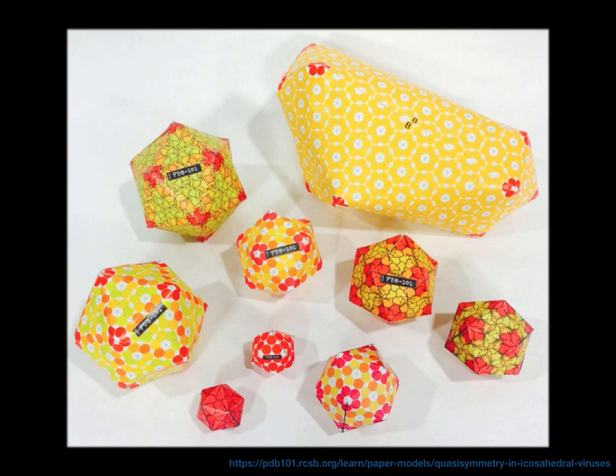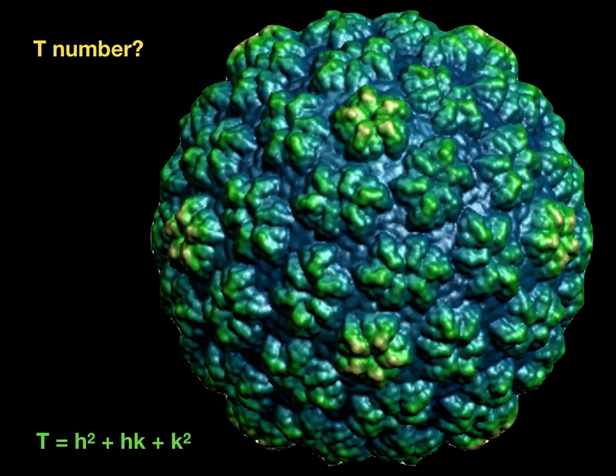So feel free to take a look at any of these models, try to figure out what the triangulation number is. I'm going to see if we understand this. So what would you say the T number is for this virus in particular?